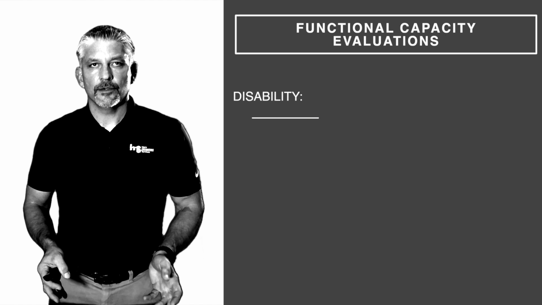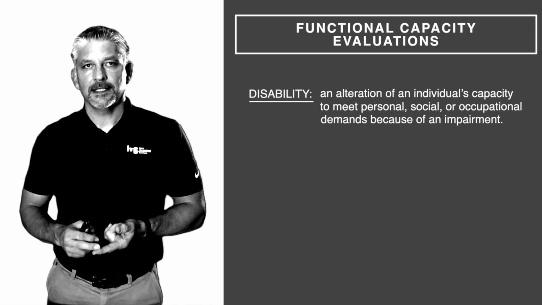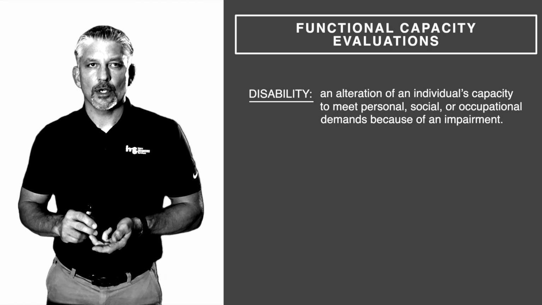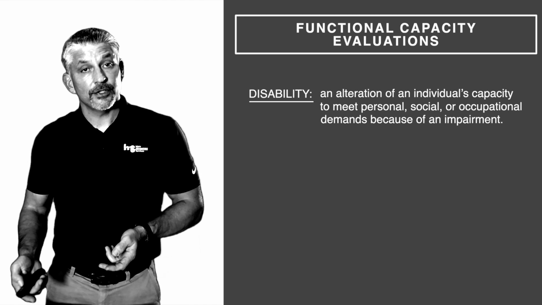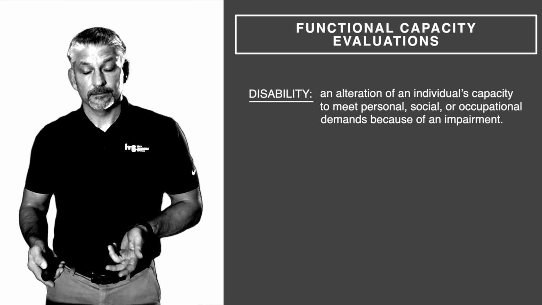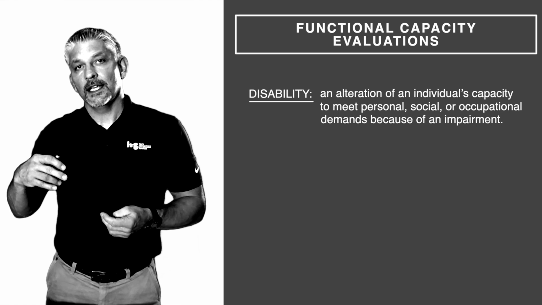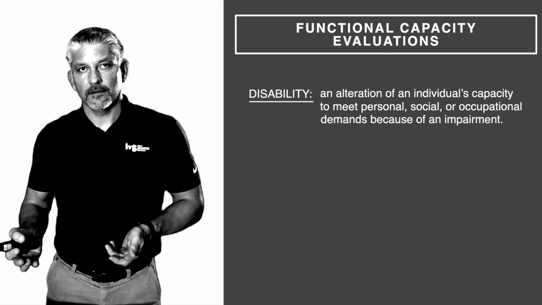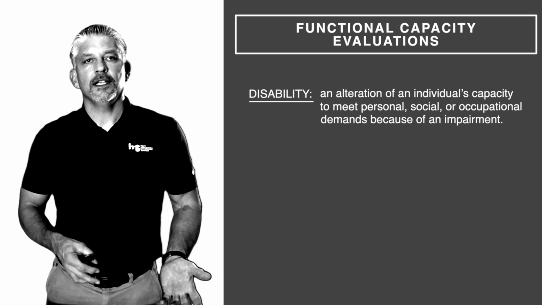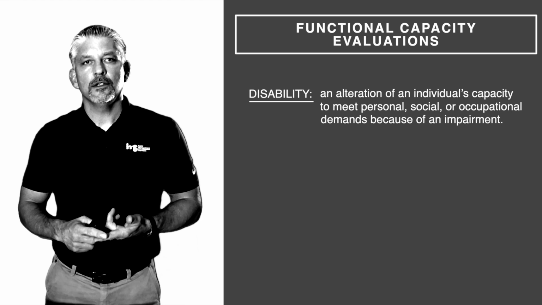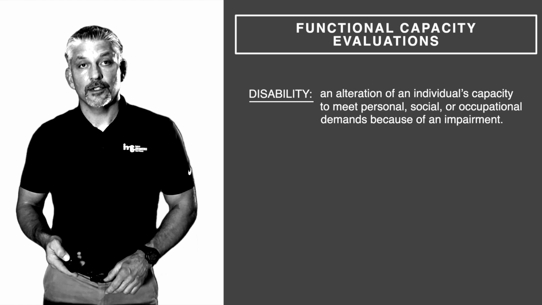A disability, on the other hand, is an alteration in the individual's capacity to meet personal, social, or occupational demands because of the impairment. So the impairment is what is wrong with the health of the individual, and the disability is the gap between what the individual can do and what the individual needs to do or wants to do.